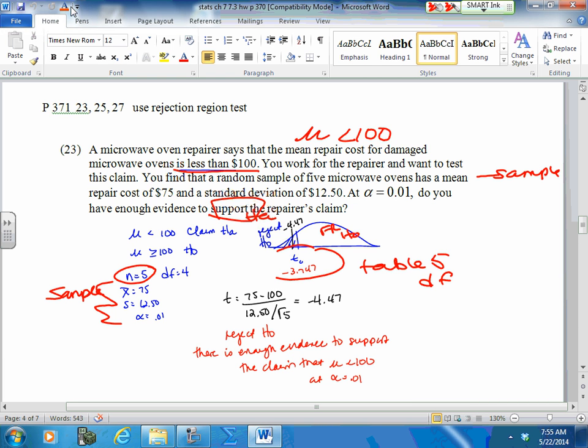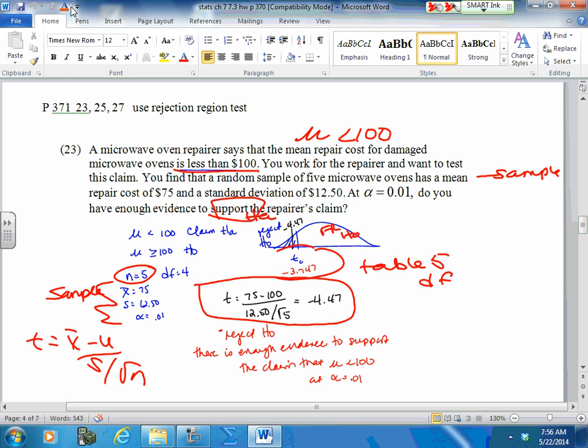So now, do your test statistic. Your test statistic is the same as we did for your z. Because it's a sample, we have to divide by the square root of n. So you find your test statistic, and it falls in your reject H0.